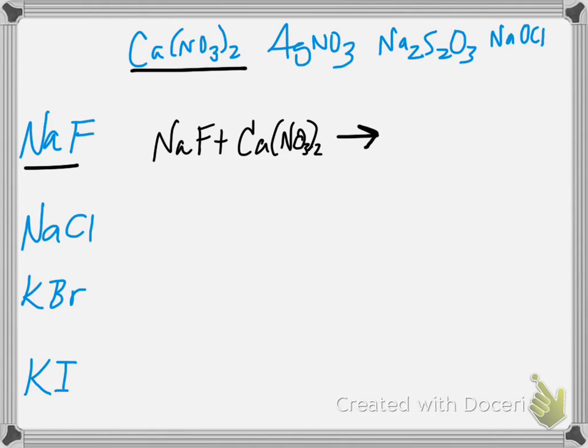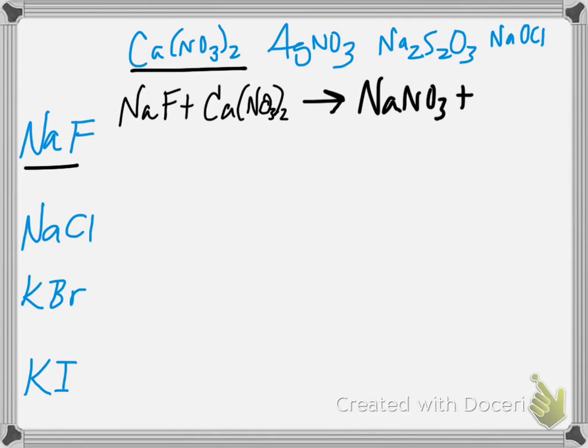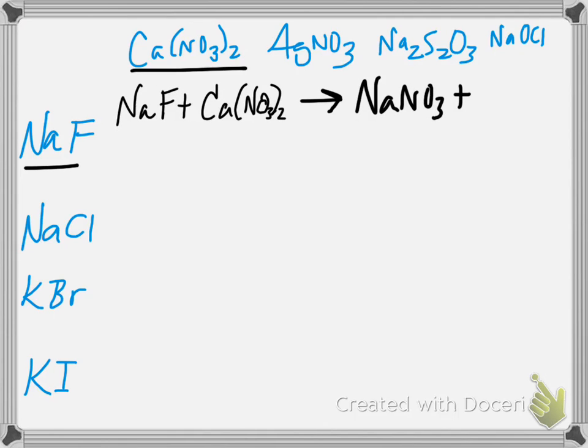And they undergo what's called a double replacement reaction, so they basically swap dance partners. What we end up with, potentially, is sodium nitrate, and this is not balanced. This is just a formula equation, and we get calcium fluoride. Calcium fluoride is non-soluble.